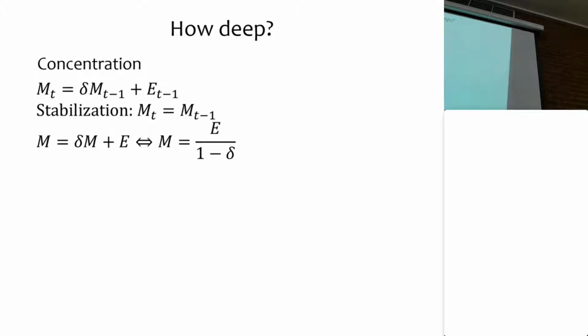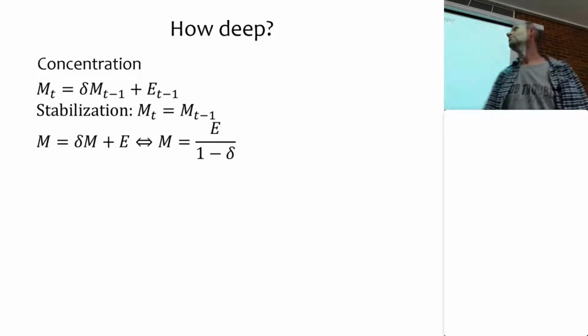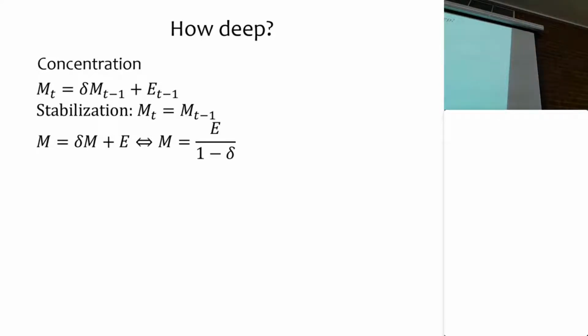And of course we also add emissions, and you know this equation because you worked with it, right? So what does stabilization mean? Stabilization means that the concentration doesn't change, or that m_t is equal to m_{t-1} for all t, right? Or another way of doing this is that you drop the subscripts from your equation, and you have m = δm + e, or m = e/(1 − δ).